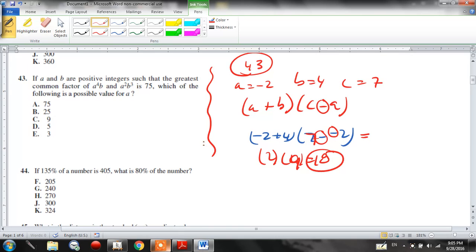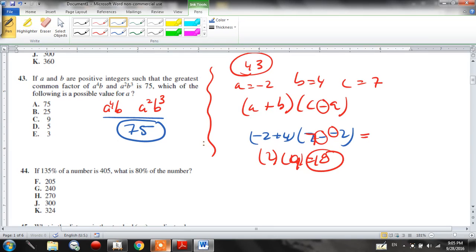If A and B are positive integers such that the greatest common factor of A and B, and this is 75, which of the following is a possible value of A? The greatest common factor. So A to the fourth B and A squared B cubed. Okay, and both of them have a greatest common factor that is 75.